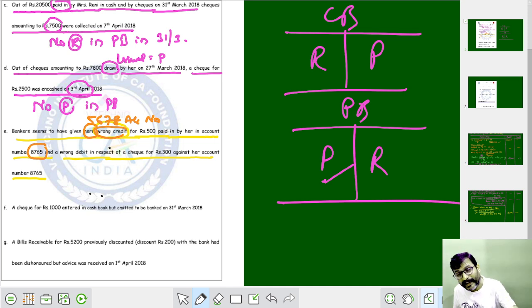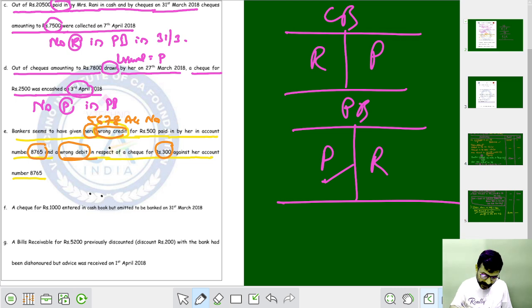Instead of giving credit to account number 8765, they have given a wrong credit to this account number, 5678. So in our account number, the wrong credit happened, so we have to give it debit. Later, under a wrong debit also happened, of what?